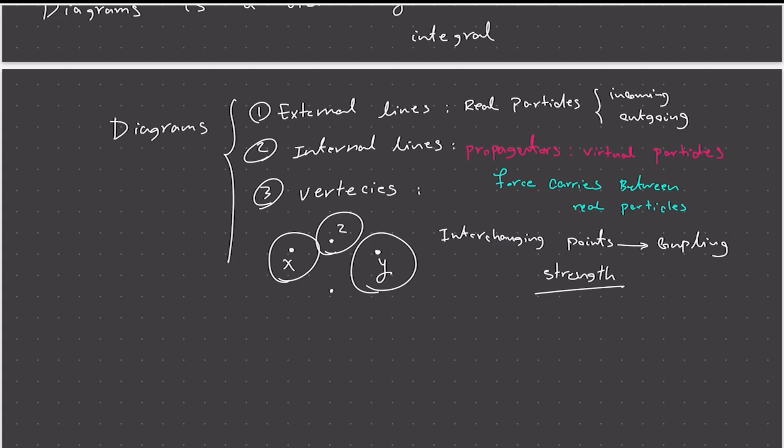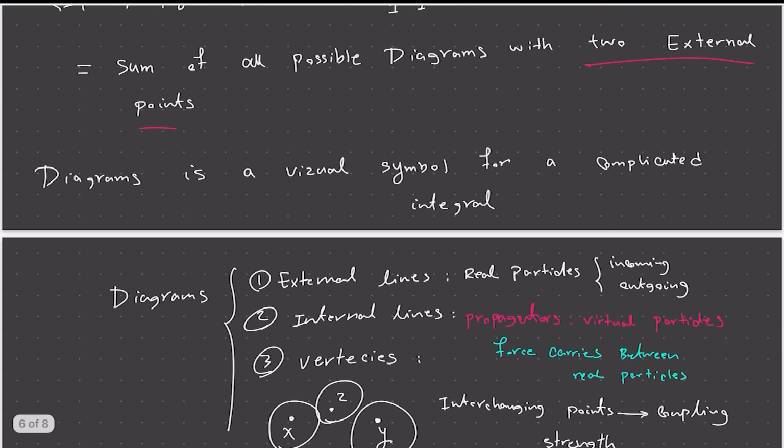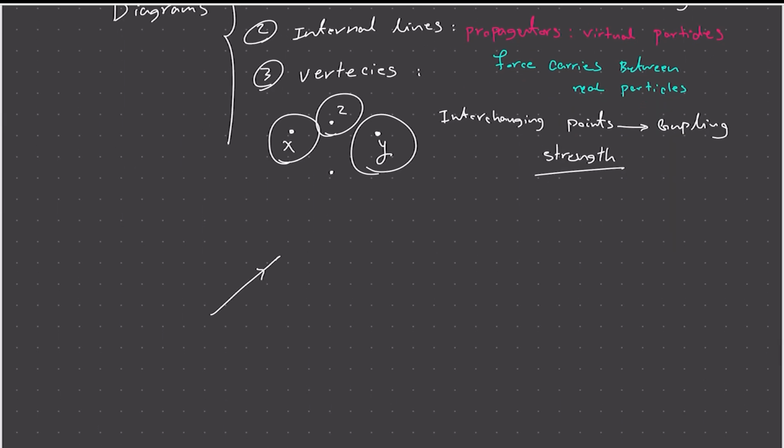Of these vertices, two of them, as we said, are the two external points. Two of them represent the interchanging point of the real particles. For example, you have an incoming electron, an outgoing electron, and then they exchange a photon. This is probably the very famous Feynman diagram, electron-electron scattering. So these are external lines. They represent real particles. They're there. Then you have a virtual particle here.